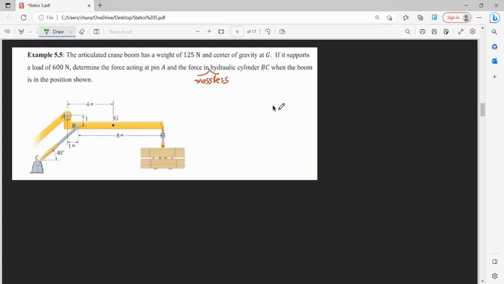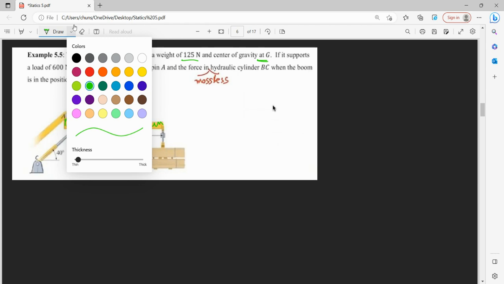Okay, so this next diagram, we want to draw the reactions and forces that are acting on this point here. Okay, so the articulated crane has a boom. Crane boom has a weight of 125 newtons at G. So this is our center of gravity.